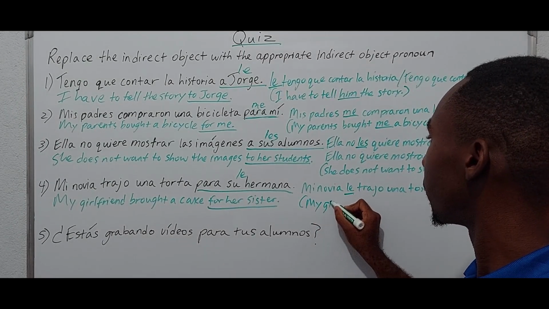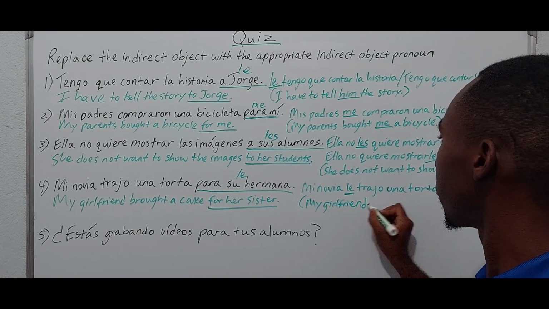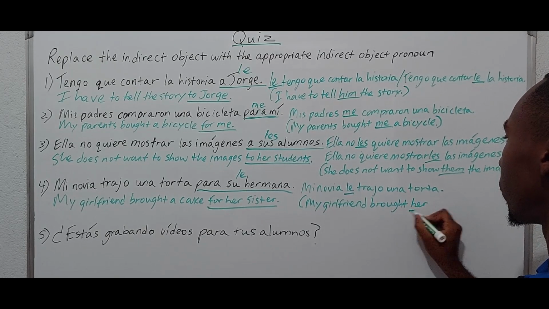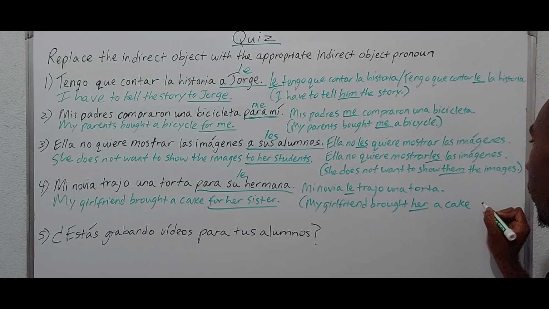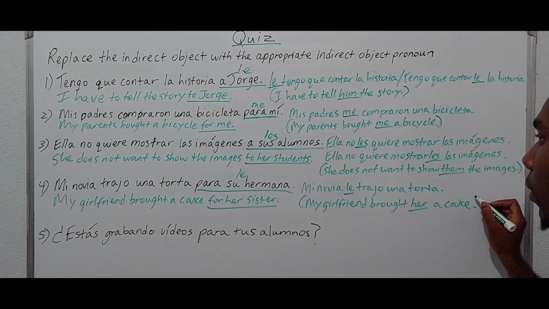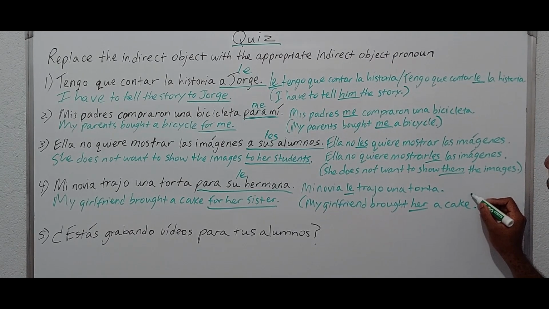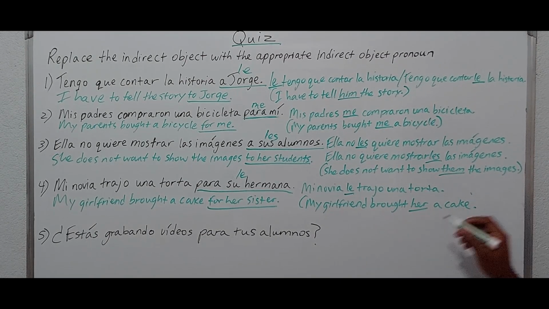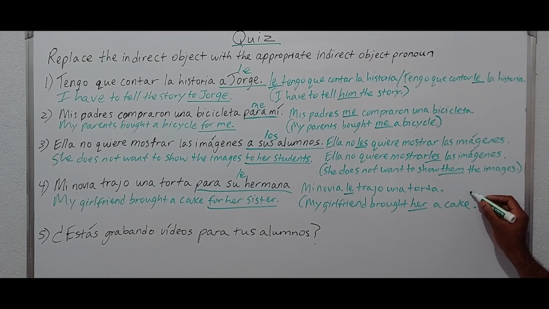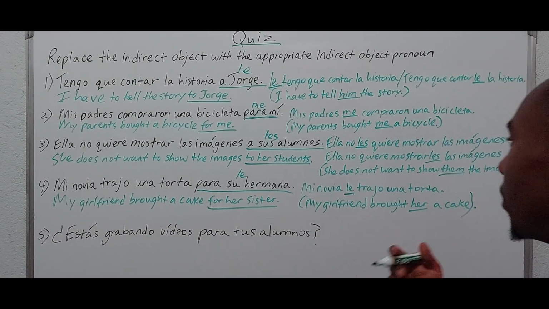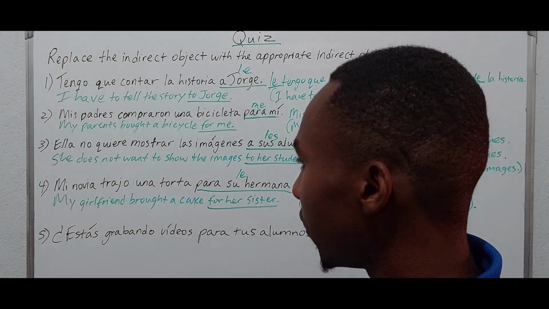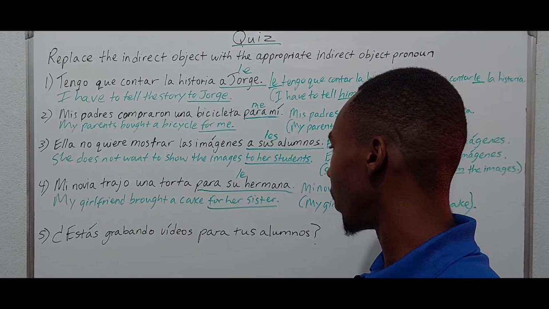So my girlfriend brought her a cake, right? Or you could say my girlfriend bought a cake for her. Both can work, right? Both of these can work. My girlfriend bought her a cake, or my girlfriend bought a cake for her. Same thing.